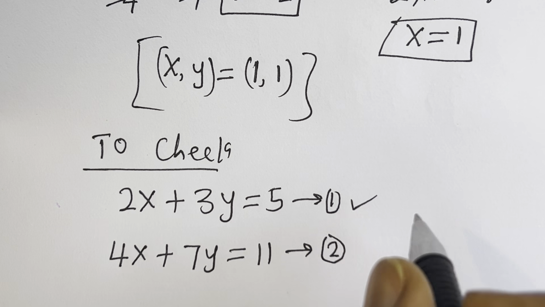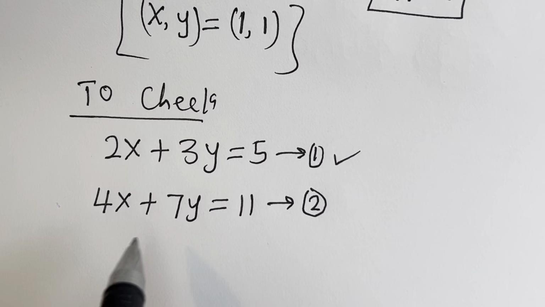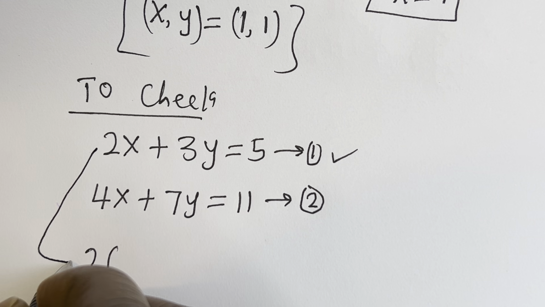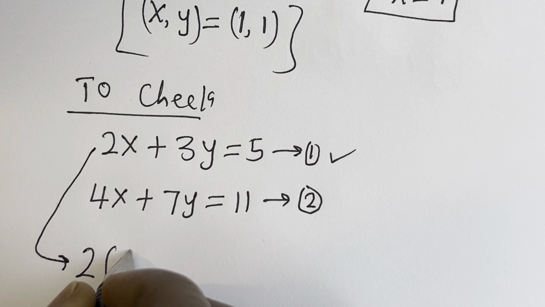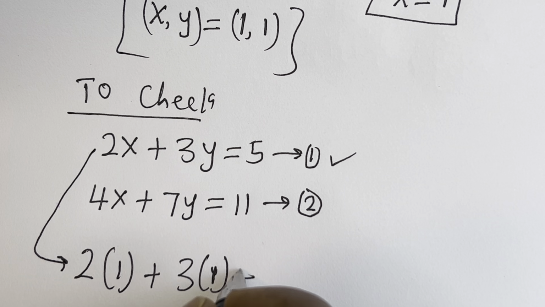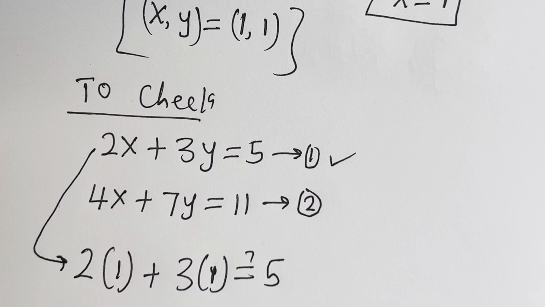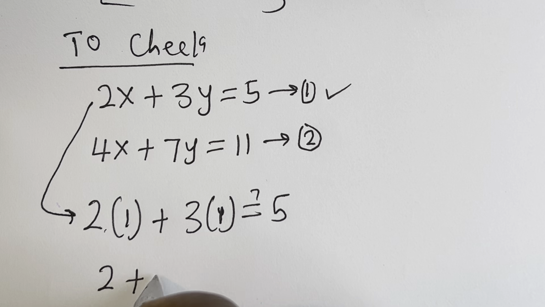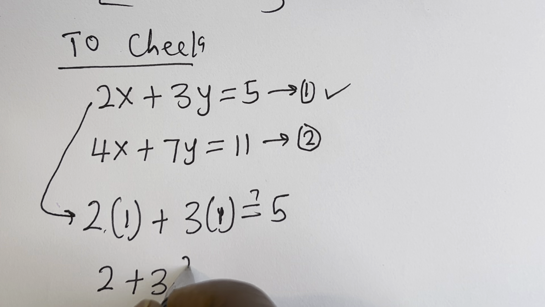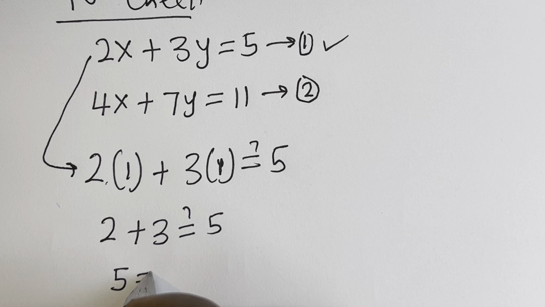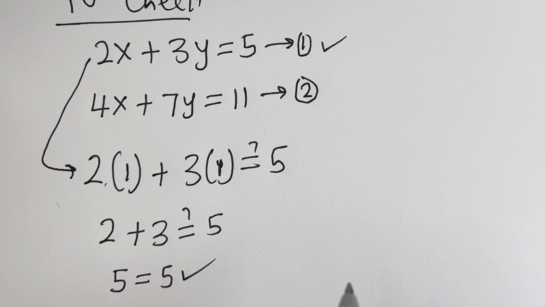Now let's consider this. When x is 1 and y is 1, we have 2 bracket 1 plus 3 bracket 1 must be equal to 5. 2 times 1, this is 2, plus 3 times 1, that is 3, must be equal to 5. 2 plus 3, 5 is equal to 5, which is true.